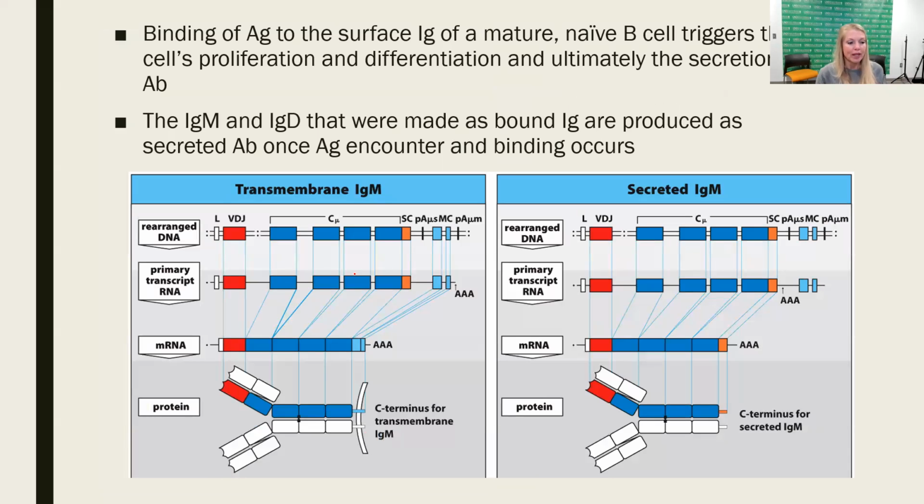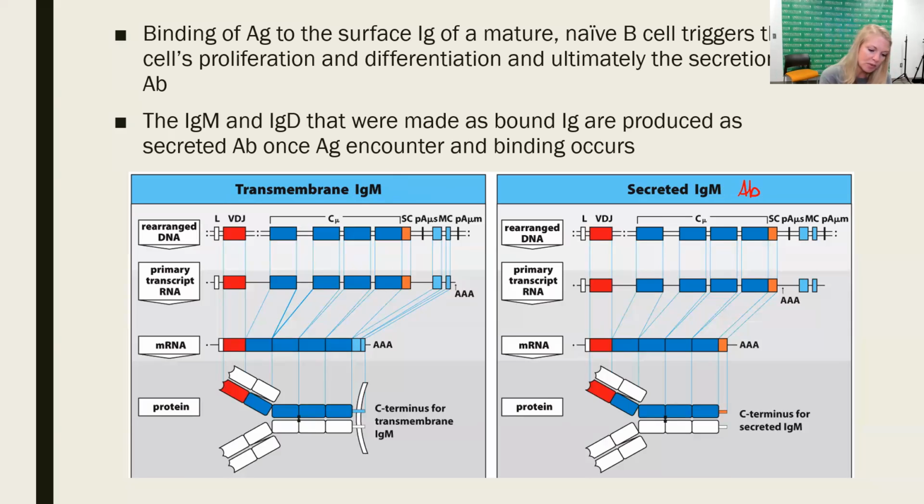Okay, here's our image again of the somatic recombination events that occur. And we have our transmembrane IgM and our secreted IgM. This is also called antibody. AB stands for antibody. We don't really call it secreted IgM, we call it antibody.